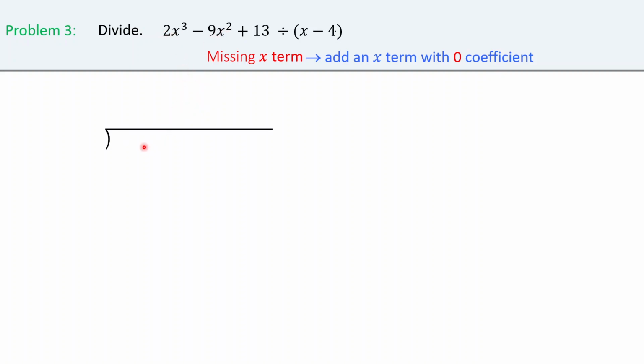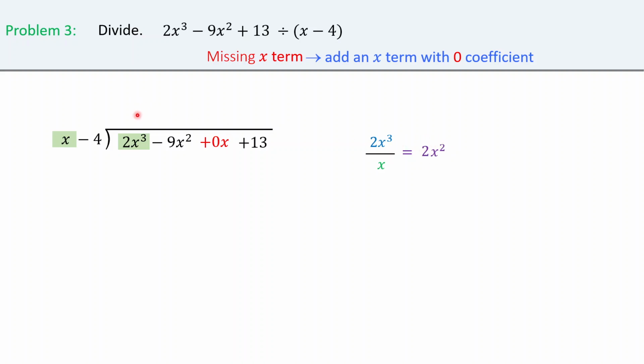Write this. Now add the x term with 0 coefficient plus 13. Now put this outside. Now take the first term and divide by this first term: x cubed divided by x is x squared.